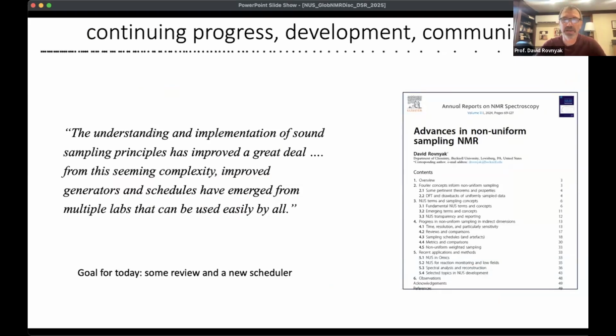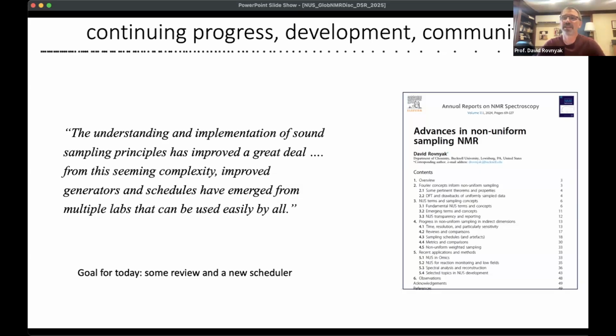So I would direct you to a recent review that I put together, and I just want to thank Bill Price for helping to make that possible, where I want to call out a quick quote at the end of that review. The understanding and implementation of sound sampling principles has improved a great deal. From the seeming complexity, improved generators and schedules have emerged that can be used easily by all.